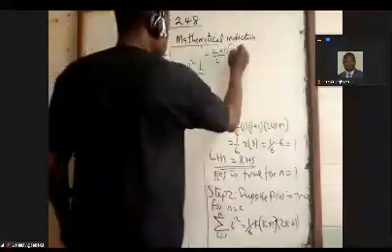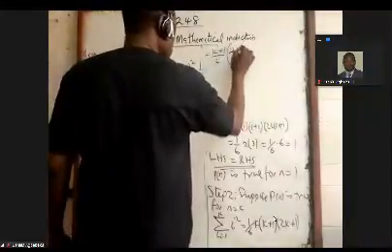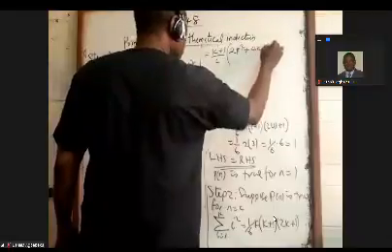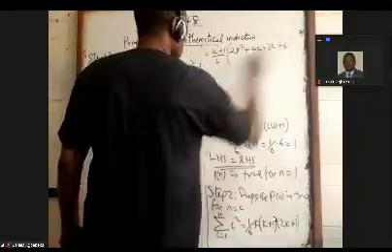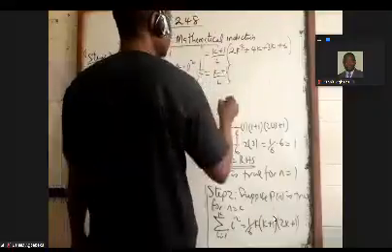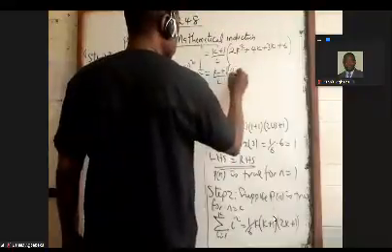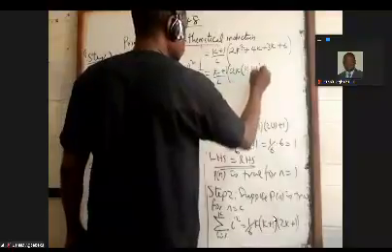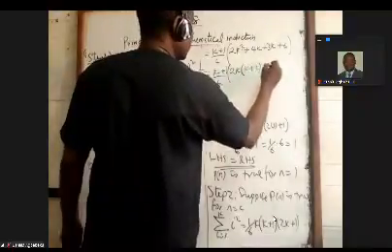Let's convince ourselves that that is what we should arrive at. If we go to the original statement, we're actually done with the proof. But just to convince you that it's correct, the right hand side says 1 over 6 n(n+1)(2n+1).